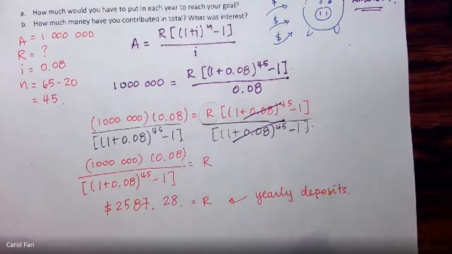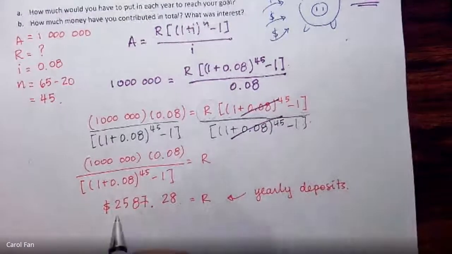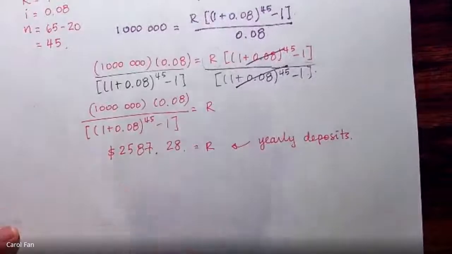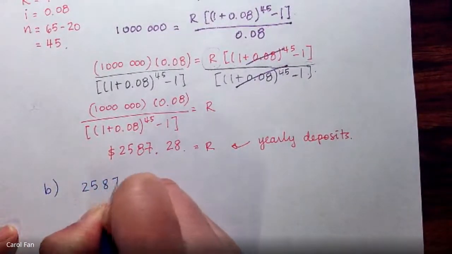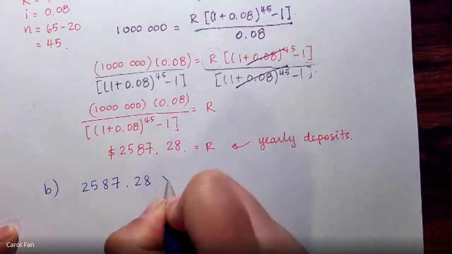Now, part B, how much money have we contributed altogether and how much of it is interest? Now, this person has put in $2,587.28 every year, and we want to know how much they've contributed in 45 years.